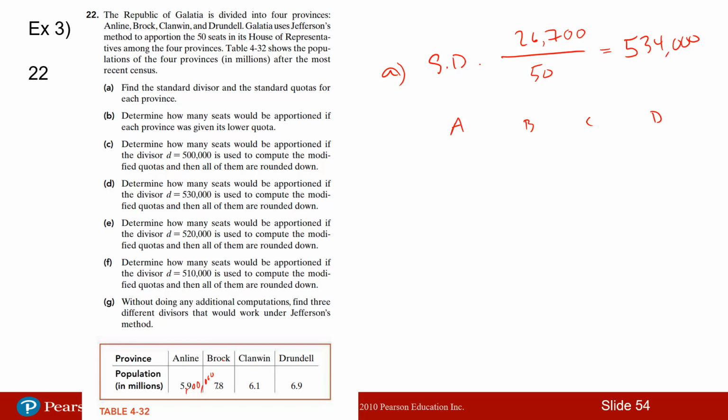Because you only have 50 seats, right? You're going to kind of divide 50 seats into pieces here. So anybody with 5,900,000 divided by 534,000: 11.04. I go with that. And right on as well.